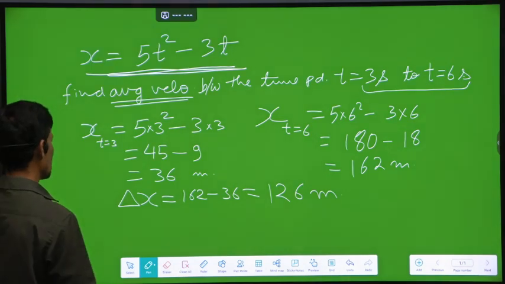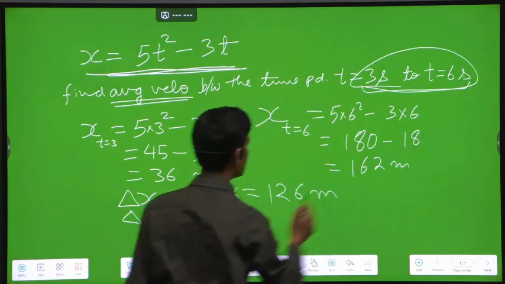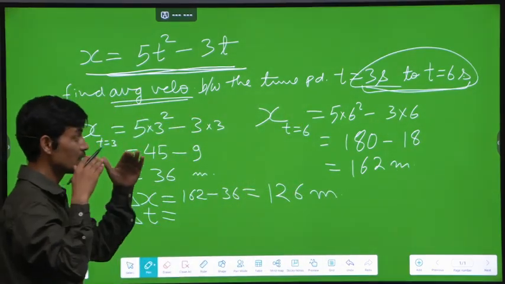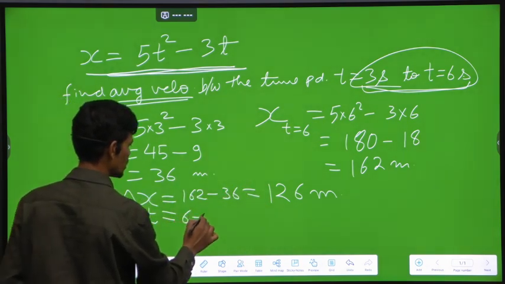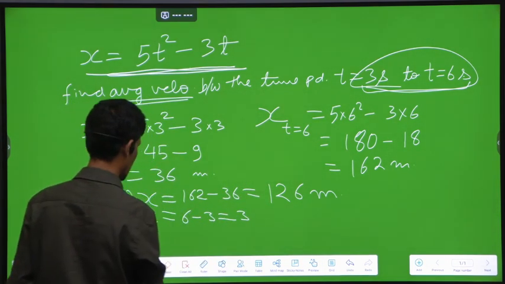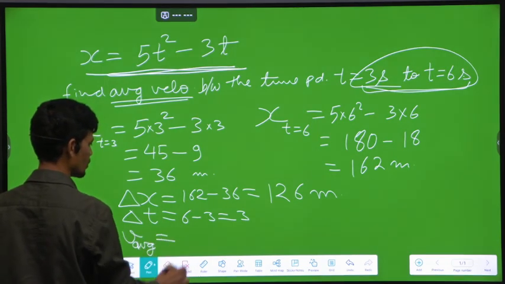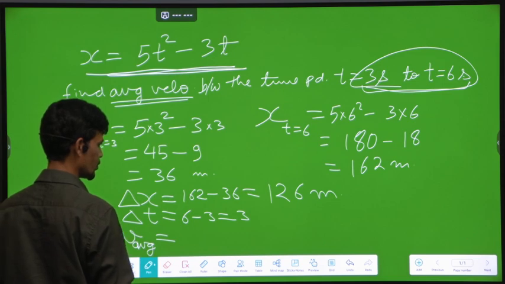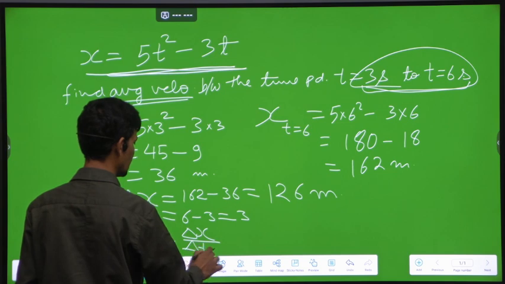And delta t is 3 second, from 3 second to 6 seconds. So 6 minus 3, that is 3. So average velocity will be displacement divided by time.